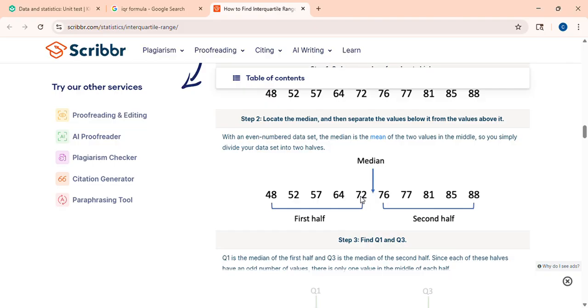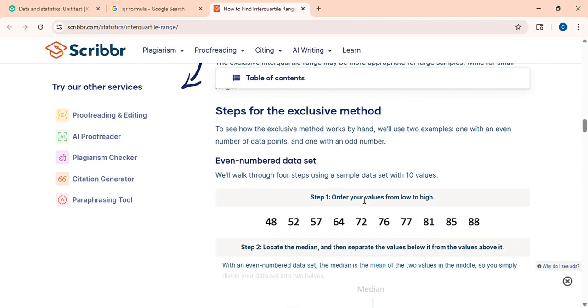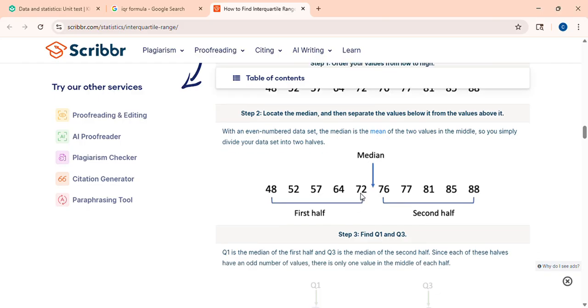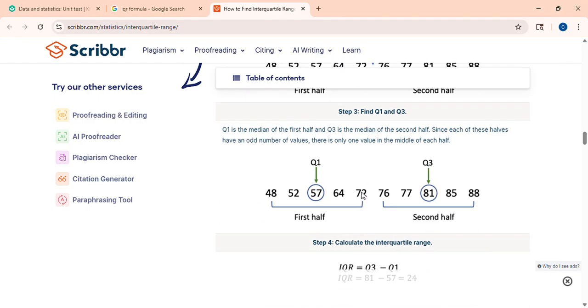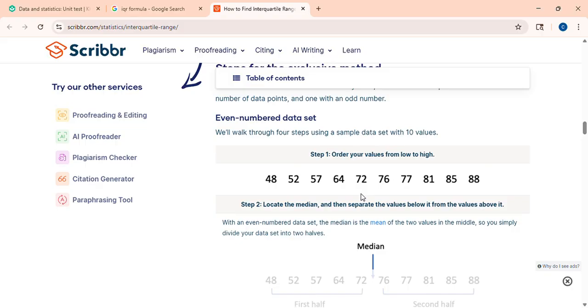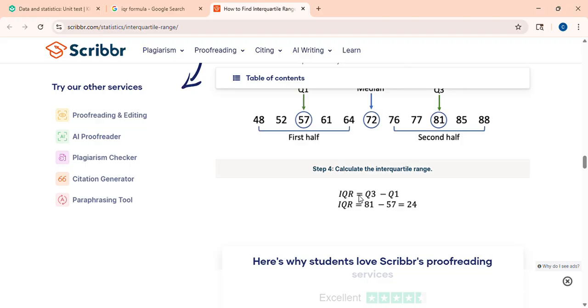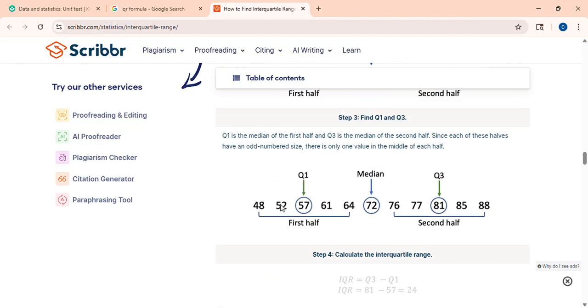The median. Find the median. And then quarter 1 minus quarter 2. So 1, 2, 3, 4, 5, 6, 7, 8, 9, 10, 11.